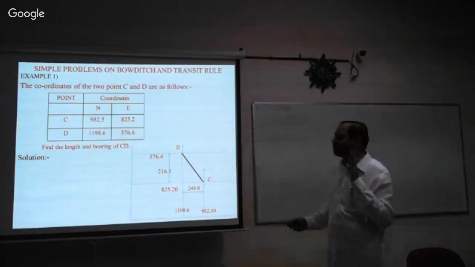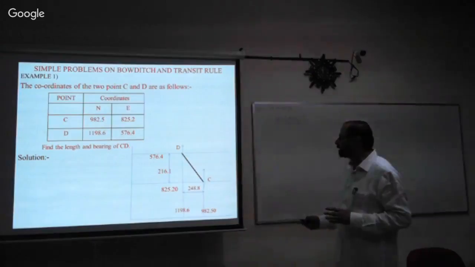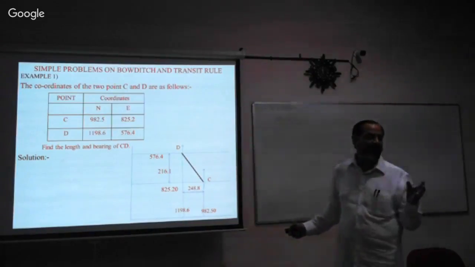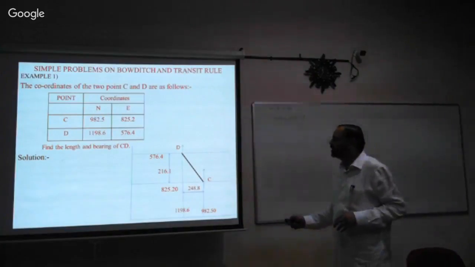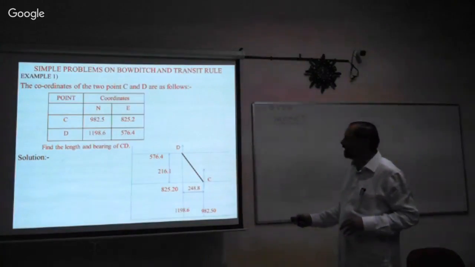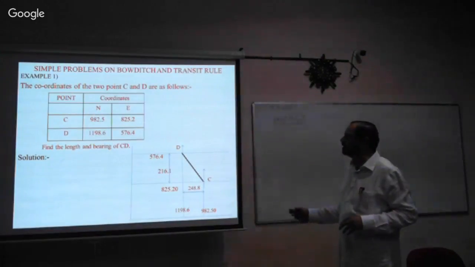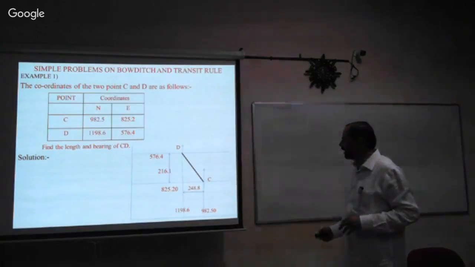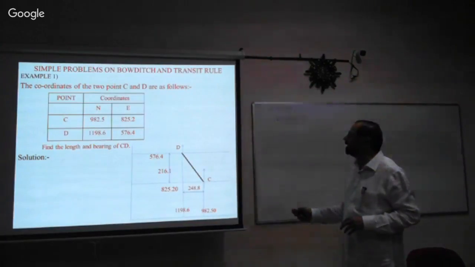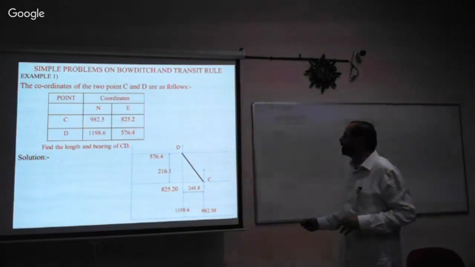Therefore, first it is better to plot this. If you plot this, we will understand in a better manner. Now see, point C is lying at these 2 coordinates. Here the north coordinate is 982, and the east coordinate from here to here is 825.2.